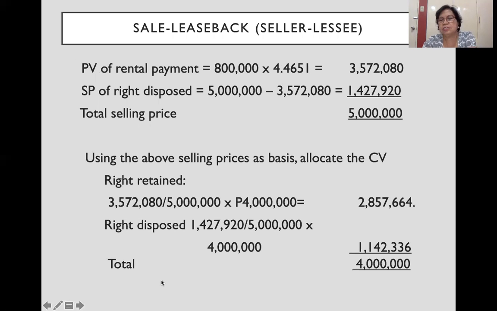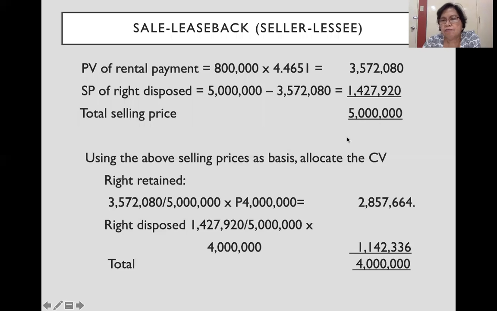So we have this computation. The present value of the rental payment is 800,000 times the PV factor at 6% for 5 years using present value of annuity due because payment is made in advance. So that is 3,572,080.